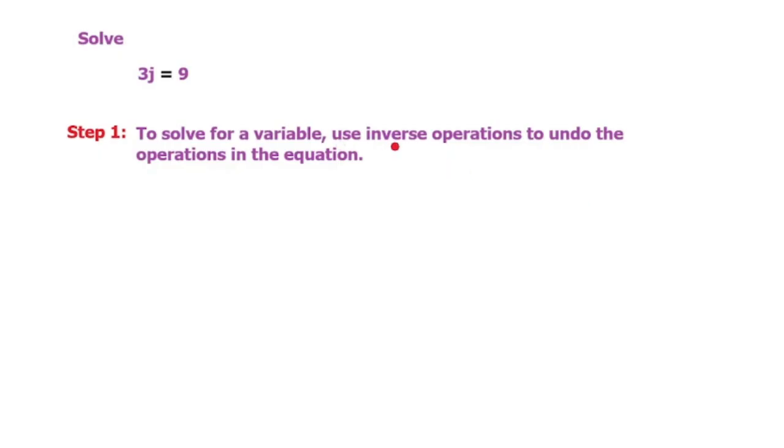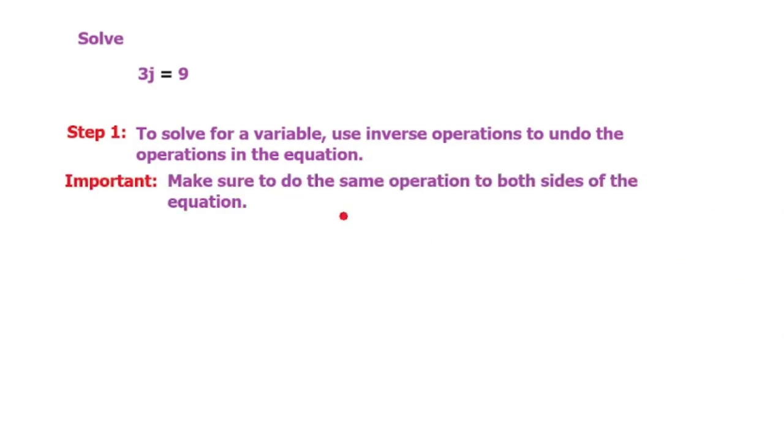Use inverse operations to undo the operations in the equation. What does that mean? Because we have 3 times j, we want to undo that. To undo multiplication, you just divide, right? And we're trying to get j on its own.